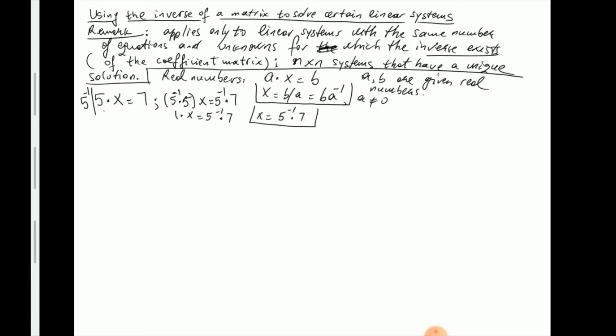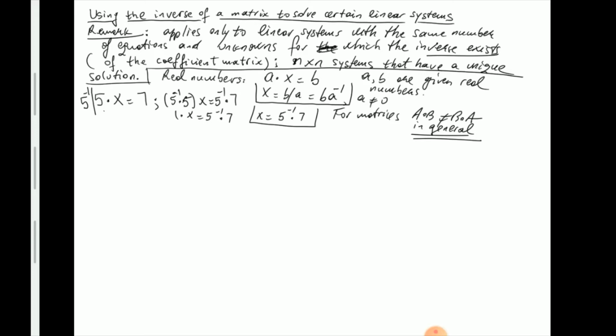But again, for matrices, the order of multiplication matters, because remember, in general, a times b is not equal to b times a. So it will matter whether we multiply to the left or right.